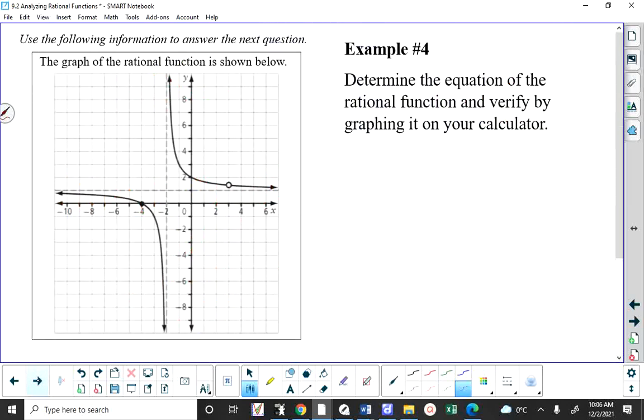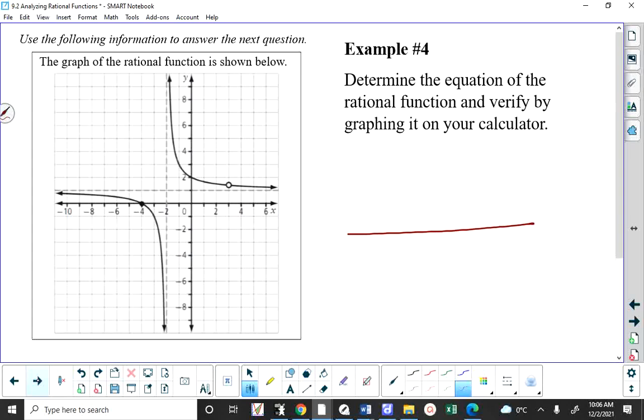We have one example left, and I've thought of many different ways to teach this to you, but there's one other detail that we need to know. Okay, so if you have a rational expression as an equation of a function, we know that if you have a hole or a non-permissible value of any kind, whether it's a vertical asymptote or not, that factor appears in the denominator of the rational function.